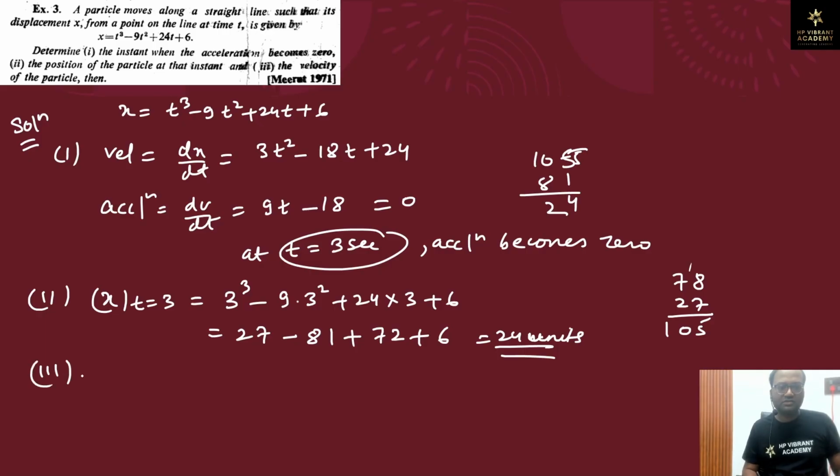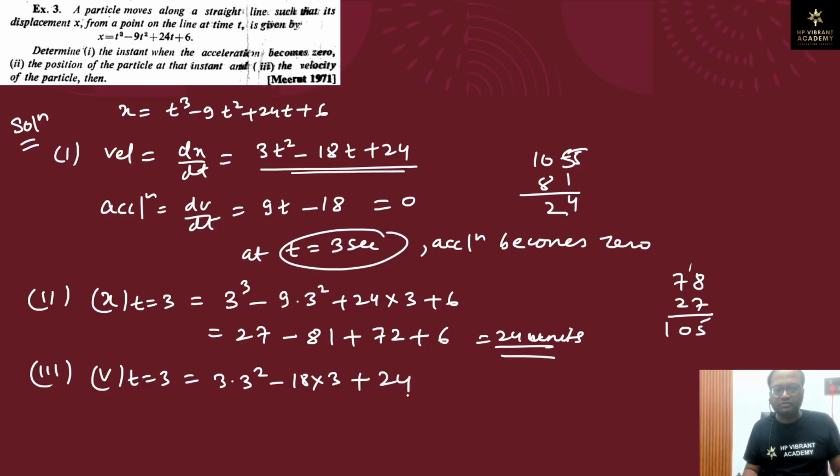In the third part, what is asked? The velocity of the particle at t is equal to 3. So we have this velocity as 3t square minus 18t plus 24. The velocity at t is equal to 3, let us put t is equal to 3. So 3 into 3 square minus 18 into 3 plus 24. This is equal to 27 minus 54 plus 24.